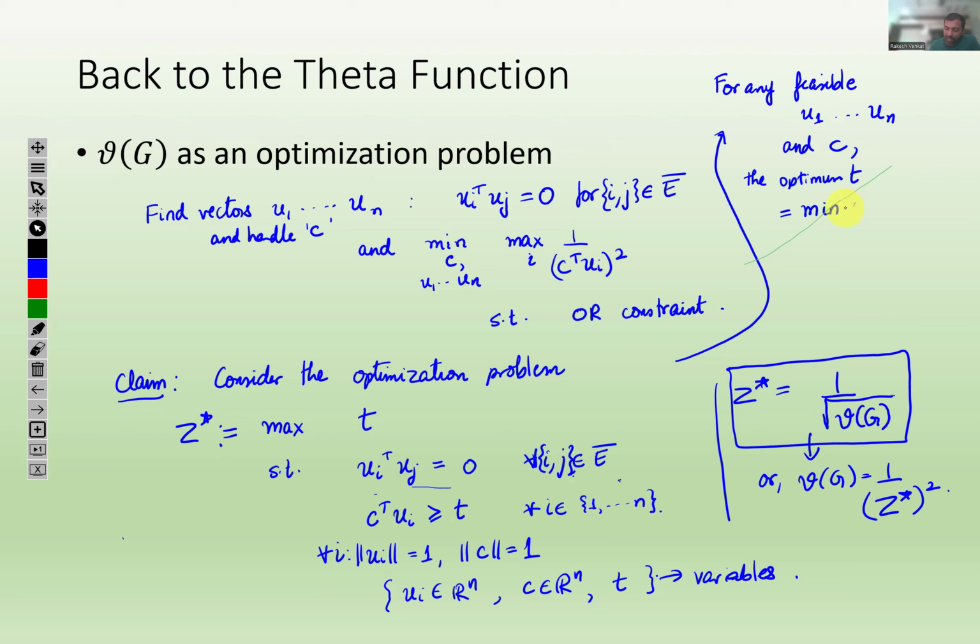T should be set because I'm trying to maximize T. The maximum that I can push it to is the minimum of C transpose ui. And because it is the minimum, 1 over T squared gives you exactly what you want. So this we are going to use, that you can formulate it in this equivalent optimization problem.